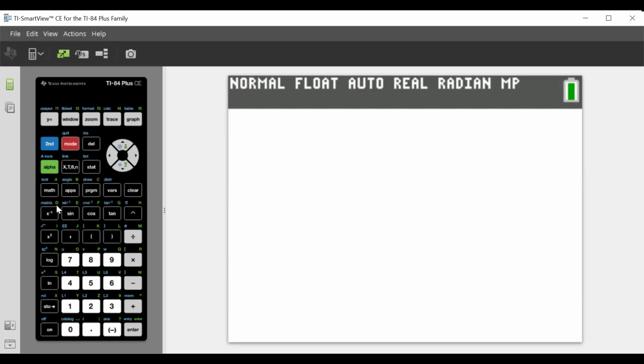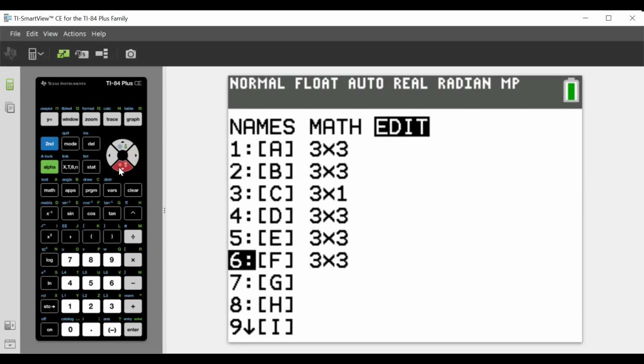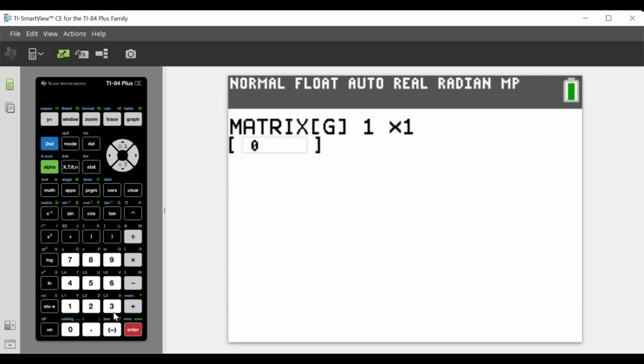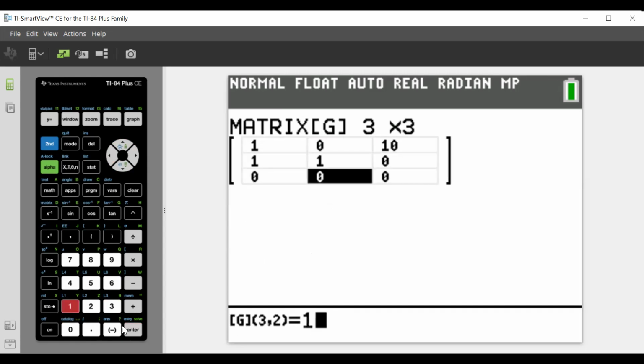That was F. And now we need to find G. So we'll want that one. And again, it's going to be a 3 by 3. And G was 1, 0, 10. Then we have 1, 1, 0. Then 0, 1, 15. All right.